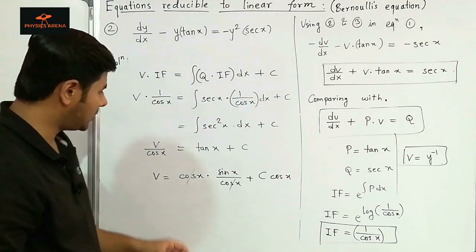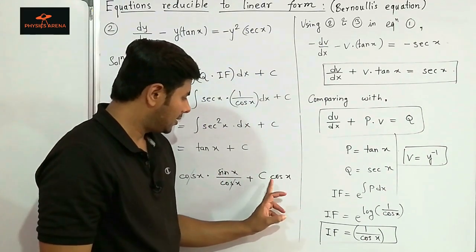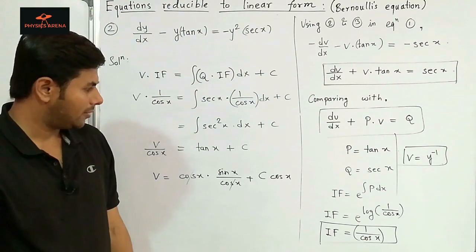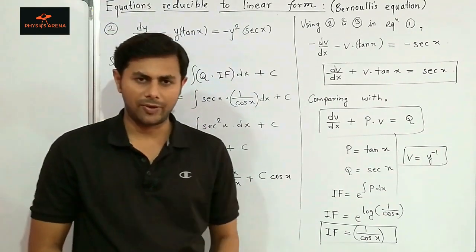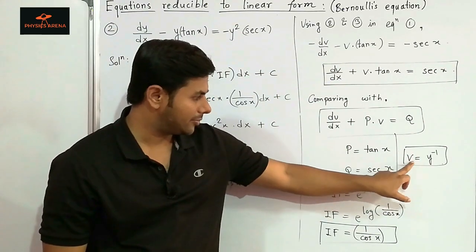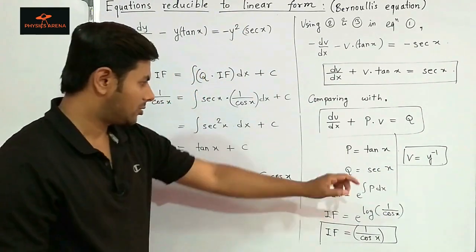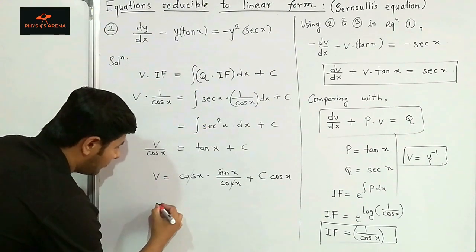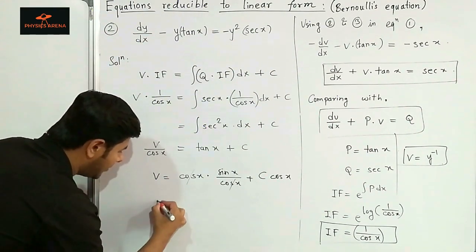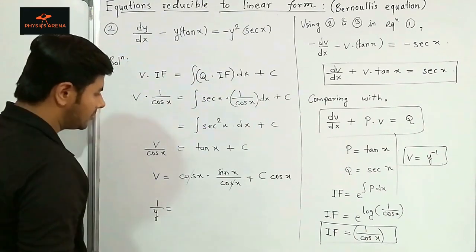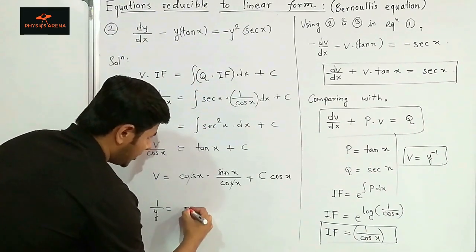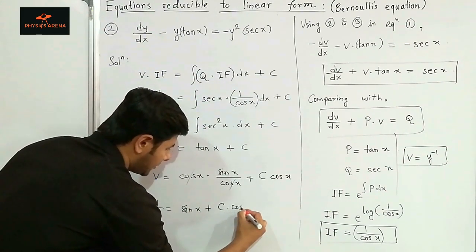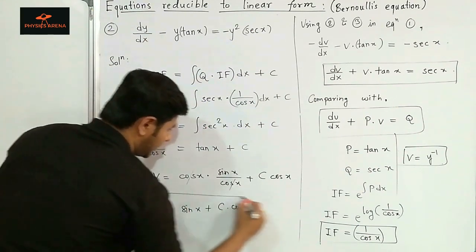So we have v equals to sin x plus c times cosine x. Okay, this is the solution in terms of v, but we want solution in terms of y. So we can have that using this substitution. So let us substitute this back. So we get y raised to minus 1, which is 1 over y equals to just sin x plus c times cosine x. So this is the required solution.